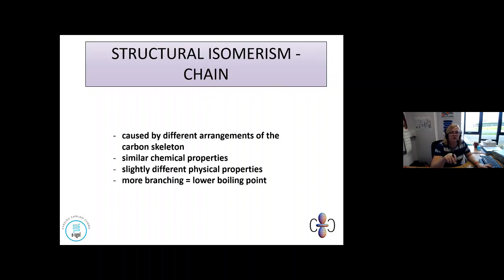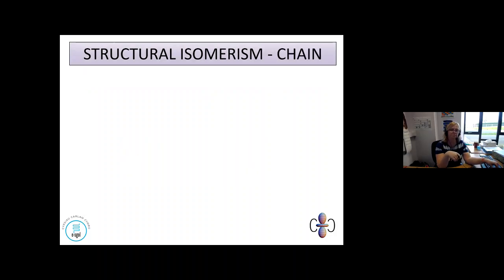They do have slightly different physical properties though, and it tends to be linked again to attractions and repulsions within a molecule. The more branching you have within a molecule, the lower its boiling point is, and that's simply due to the fact that you can't get them as close to each other because of the bulkiness of these branches, and the intermolecular attractions therefore don't take place so strongly, okay?